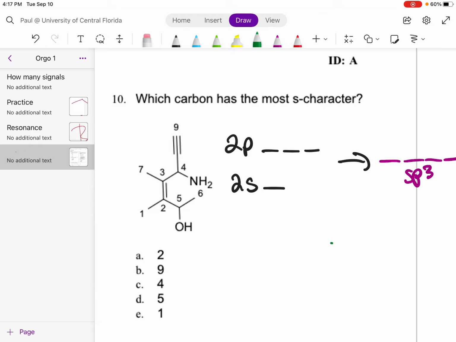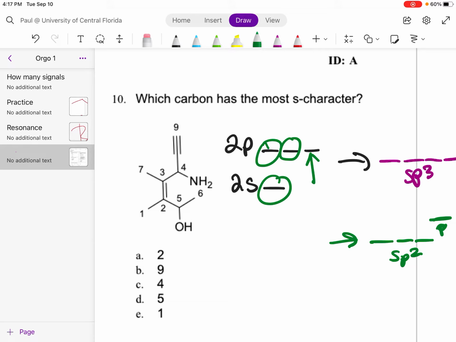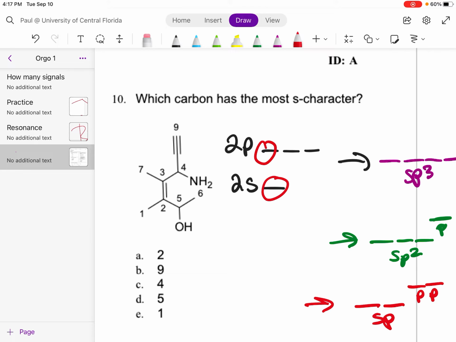If I want to turn it into a sp2, then I need 1, 2, 3. And so those 3 that I just circled will be hybridized. And then this one that I did not circle, meaning I did not hybridize, will remain the same. So that's sp2, and there's our p orbital. Now, if I want to have the electron configuration for a sp, that means 1, 2. And then we have the p's right there and the sp.